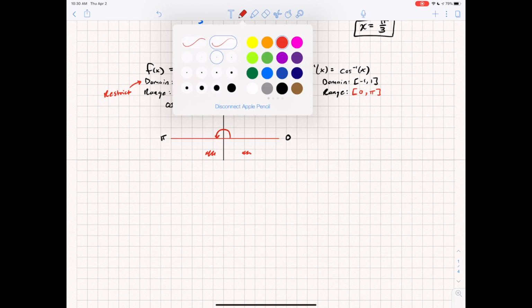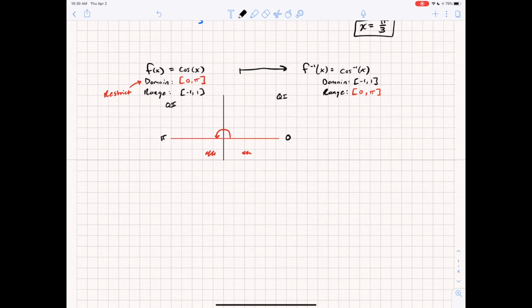It's only going to give me answers of things like pi over 6, pi over 4, pi over 3, pi over 2, 2 pi over 3, 3 pi over 4, and 5 pi over 6. These are the only answers in terms of the special angles that you would see when calculating anything that has an inverse cosine.